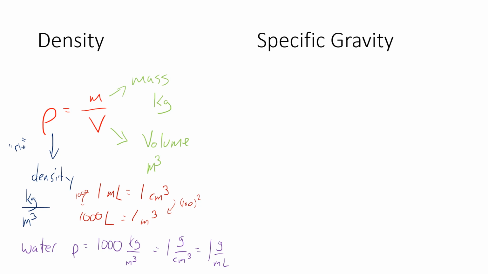I'm sure you learned the last two in chemistry class, but the first one is what we're going to use most often here. Now, to be fair, water does change density ever so slightly, but this is the standard one at about 4 degrees Celsius when it's at the maximum, and that's what they use most of the time. It does vary, but it varies so little that we just stick with that.